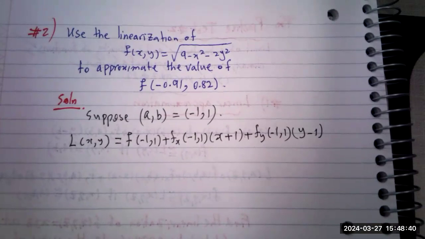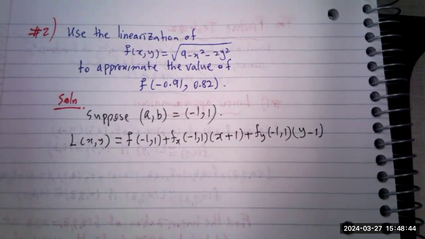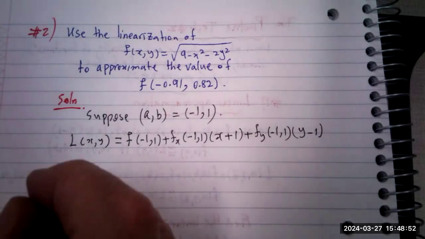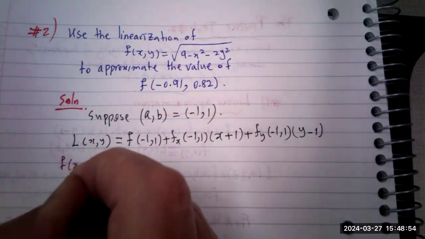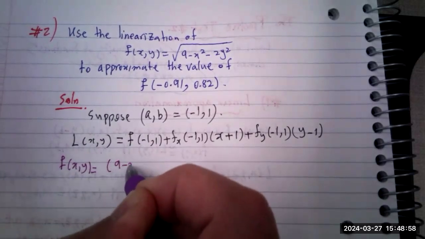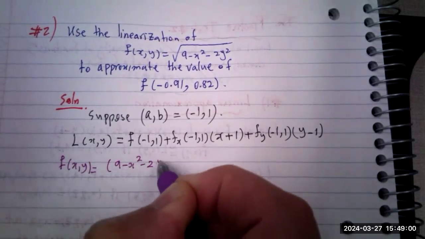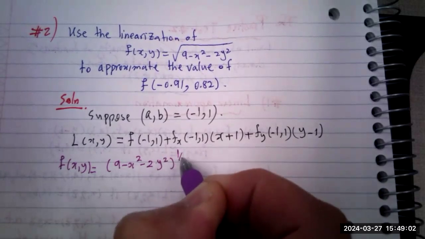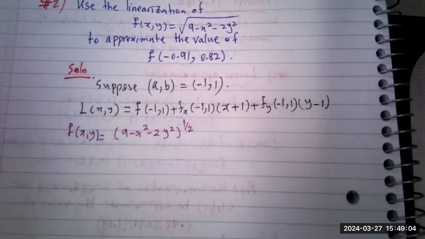So go for the partials. Okay, this is a radical function. We switch it into the exponential function to get the partial. So I rewrite f of x, y as (9 minus x squared minus 2y squared) to the half. Now that would be easier to handle for the partial.